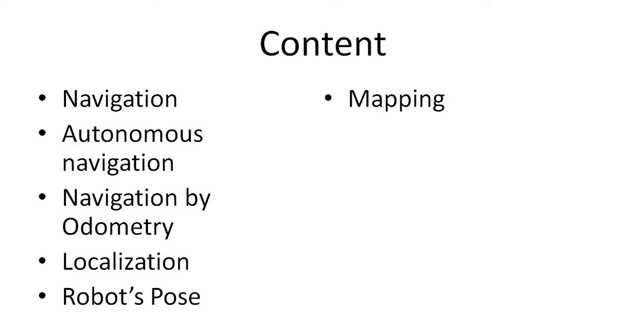Next comes mapping. We shall define what mapping is. How can we do discrete mapping of the environment? Then we shall have a brief introduction to robot architectures. We shall discuss 3 different paradigms of robot control.